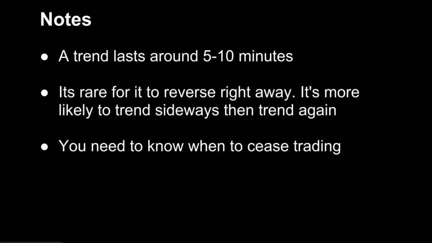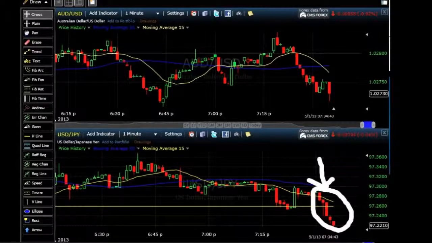Okay, so I go through an example here of some trades I've done. Basically, as I was writing this tutorial, this is one on the USD Japanese chart. You can see here I saw the trend of 3. This is a bearish trend. You see three 1 minute bearish candlesticks.